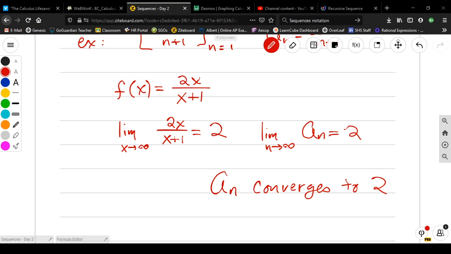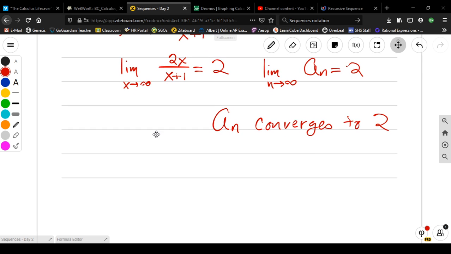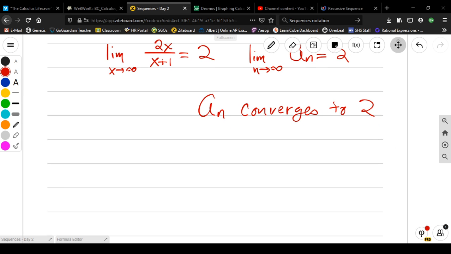Much like the function tends towards 2, the sequence is also going to converge towards 2. Now, if the limit does not exist, or the limit is infinite, we would say that the sequence diverges. It doesn't converge to an actual number. We would say the limit diverges.